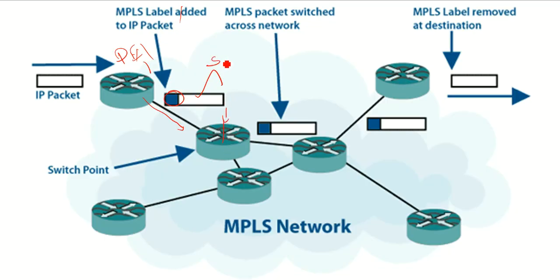When it reads the label, it knows this label is for that particular network, 4444, something like that. Okay, fine, I understood that it needs to go to 4444. What about this guy? What label he gave will be added and sent to this guy. And this guy looks into the packet, reads the label, knows the destination now.